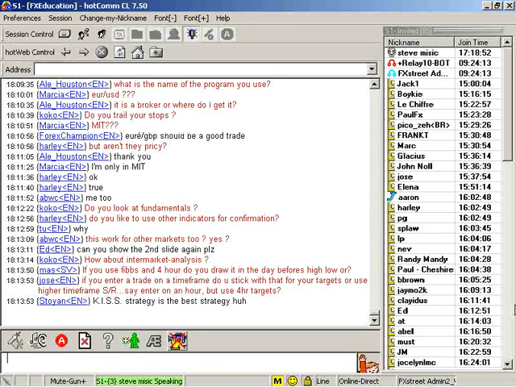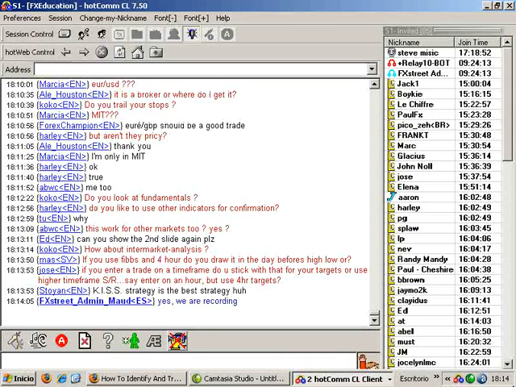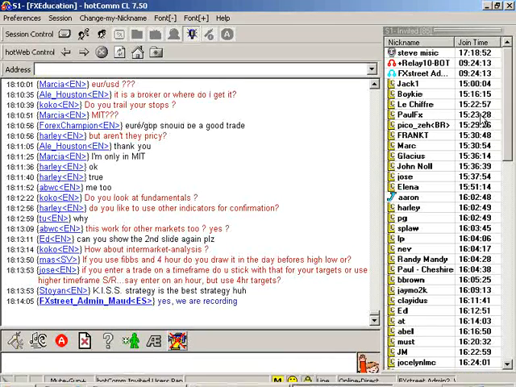If you use fibs in 4 hours, do you draw it from the day before's highs and lows? You can use the previous day's highs and lows. You can also use a new high and low if your next candle has a higher high or a higher low. You can actually use the lowest low on the chart and the highest high on the chart, whichever way you really want to move them around.